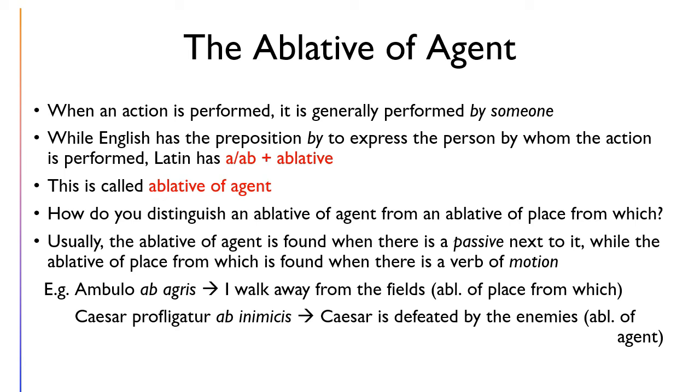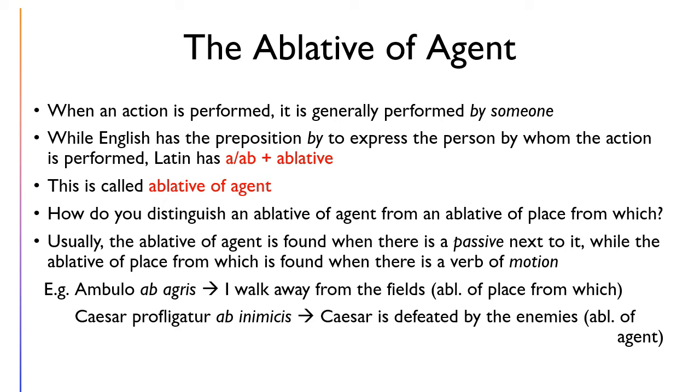This is called ablative of agent because it gives you the agency of the person by whom the action is performed. So you could tell me that a or ab plus ablative is also an expression of location, and it expresses an ablative of place from which.